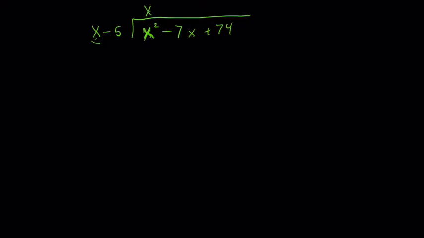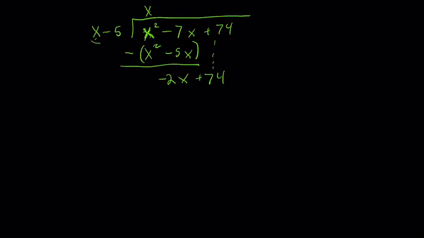X times x gives me x squared. X times negative 5 gives me a negative 5x. But then I subtract this row. Note, I'm putting it in parentheses because I need to distribute that negative. My first term's always going to cancel out. If it doesn't, I made a mistake, and that's okay. We can fix it. I have negative 7x minus a negative 5x, so it's plus 5x, so I get negative 2x, and I pull down my next term of 74.